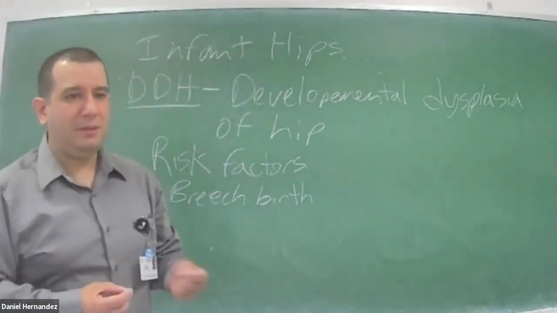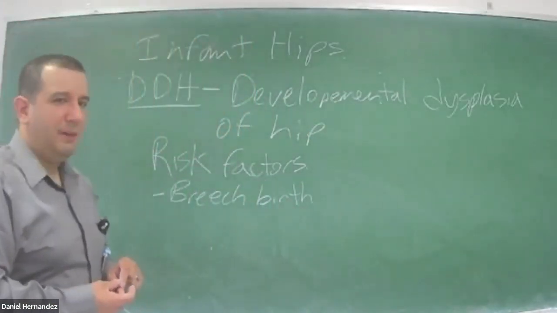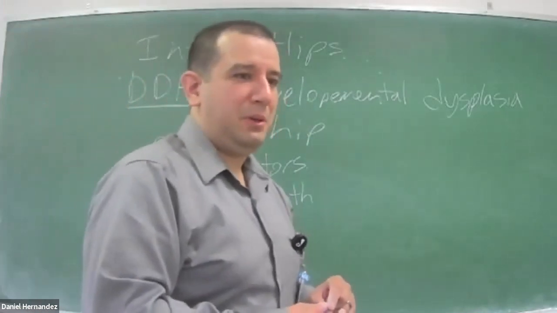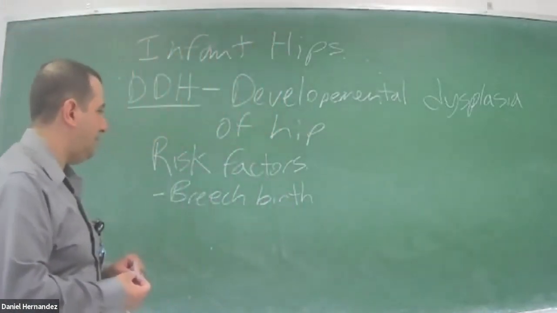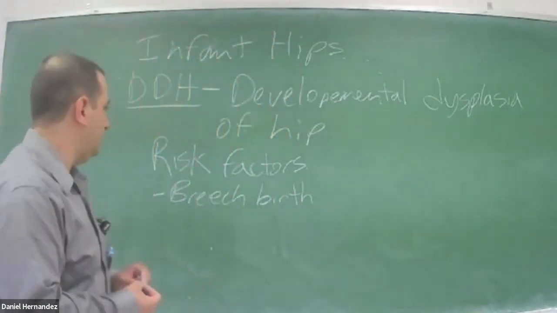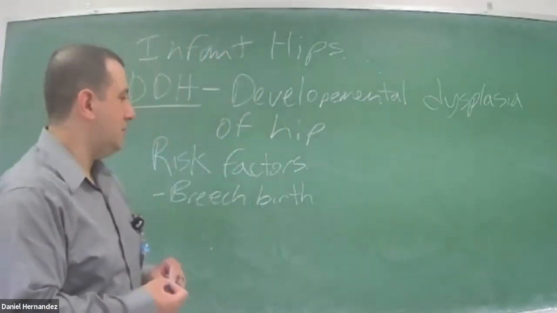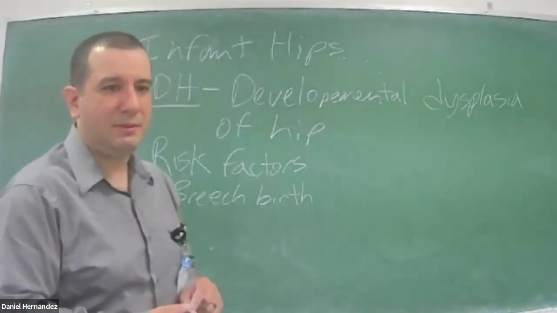As you can imagine, doctors trying to get that baby out may be pulling on the feet or the legs and could potentially displace the femur. Delivery becomes more difficult when there's a breech birth. It can also put extra pressure on the hip joints.